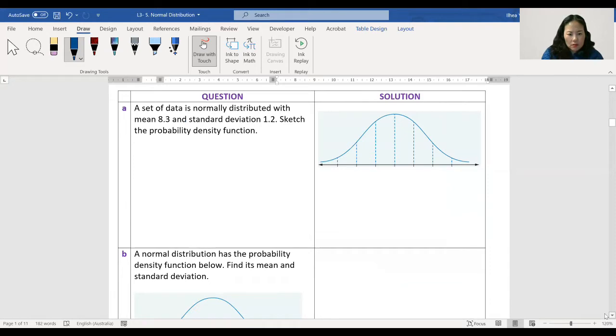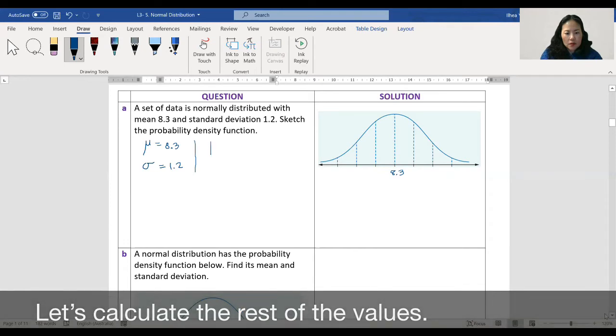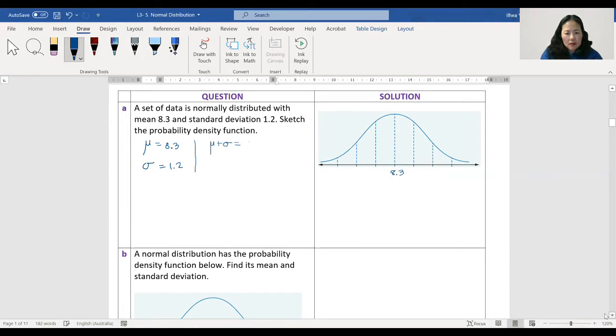The mean is mu, 8.3, and sigma is 1.2. So I'm going to put 8.3 in here. Then mu plus sigma is 9.5.